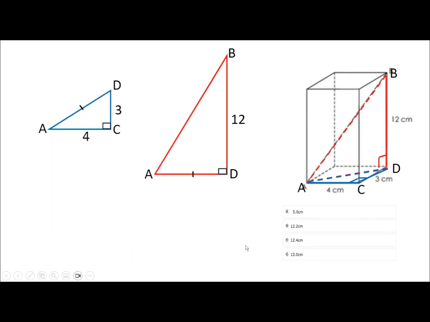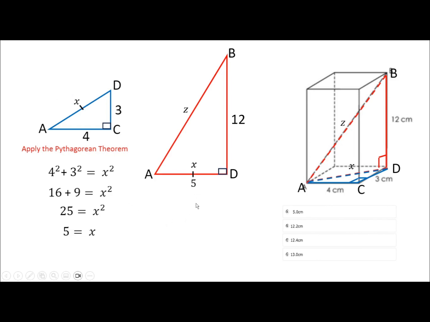Okay, so call this x. On this triangle now, 4 squared plus 3 squared equals x squared. 16 plus 9, 25 equals x squared. So x is 5. So that's 5 and that's 5. Now I found x here, 5.